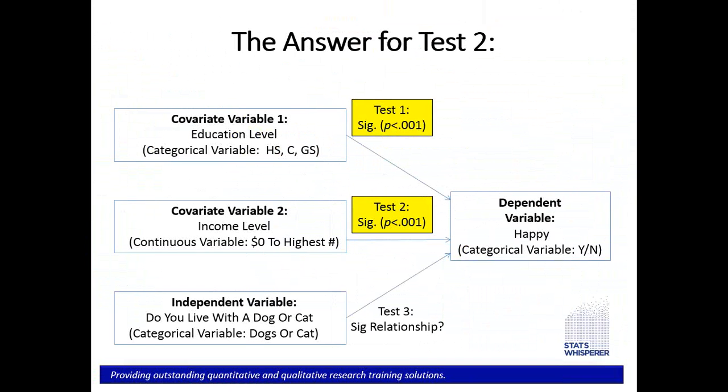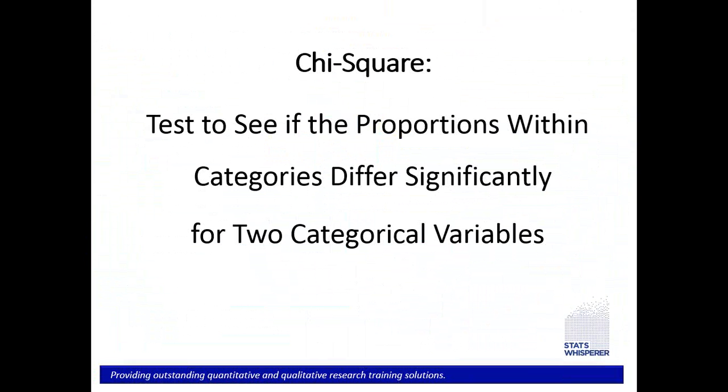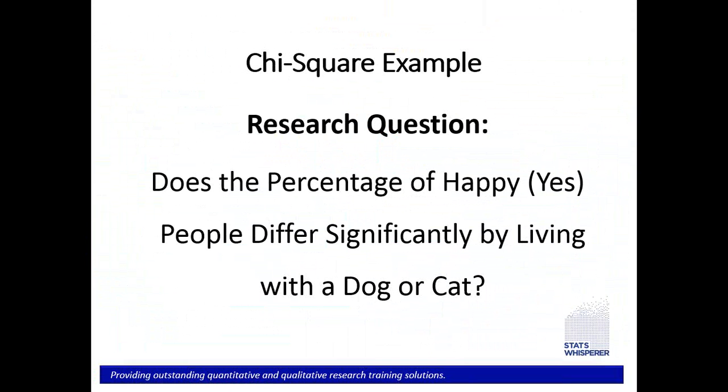All right, so there is a significant relationship between income level and happy. So we fill in our study map to indicate that. Now, lastly, we're looking at our independent and dependent variables. So the chi-square again, to see if proportions differ between two categorical variables. We're looking if the percentage of happy people differ significantly by living with a dog or a cat.